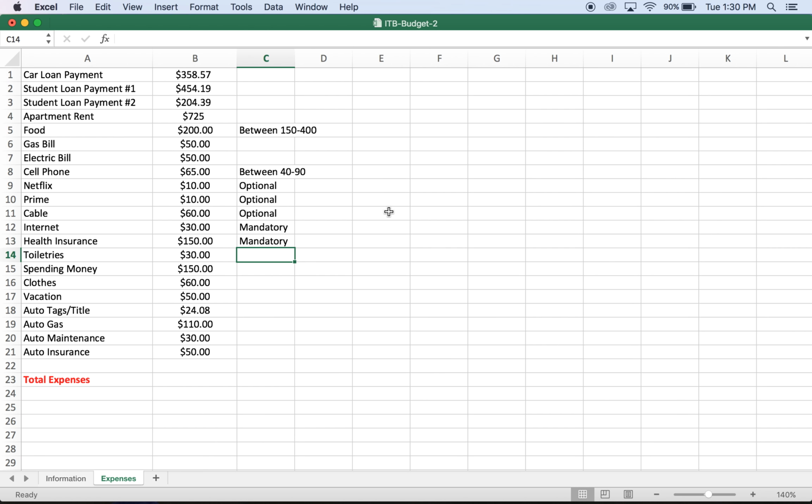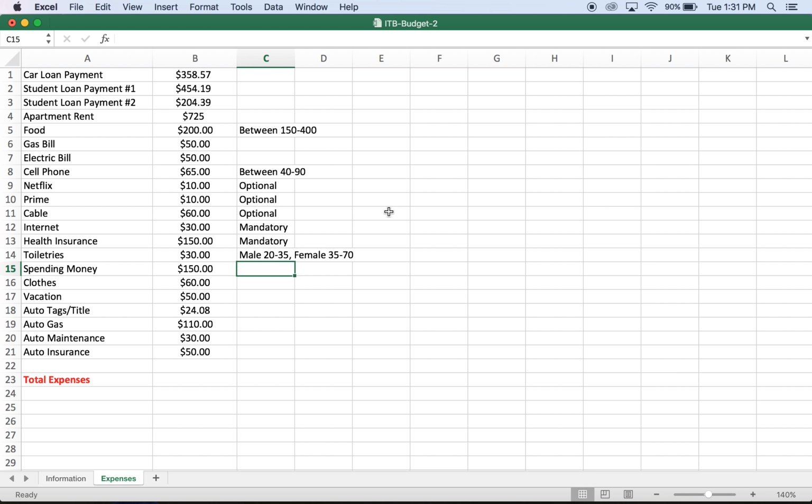For a guy, you're probably looking right around, I would say, somewhere between $20 and $35. For a female, it's just a little bit more. So you're probably looking somewhere between like 35 to 70 is what I've seen. Again, that's a monthly amount. That's a monthly figure. So you have an idea of the products and what type of things that you will need for a monthly basis, and you get to come up with that.